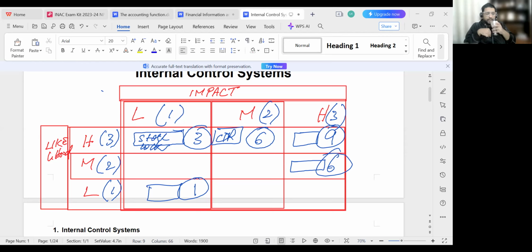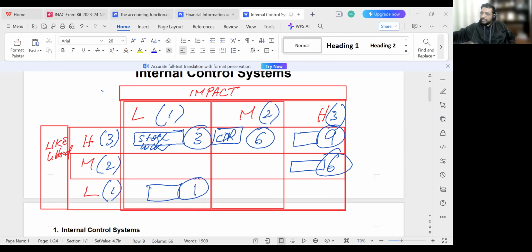So you could see that you have assigned scores to different risks, right? This is called prioritizing. Okay. Now you know which risk has first priority.